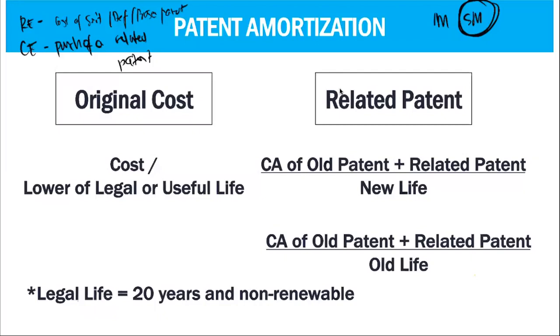So if ever you will not purchase that competitive or related patent, what will happen to your invention? There might be a possibility that your invention may be phased out because again, there is another or a new or competitive patent. So to protect your patent, you purchase that related patent. So can you see now the economic benefit of purchasing a related patent? It helps you to protect your patent. So you can still make use of your patent.